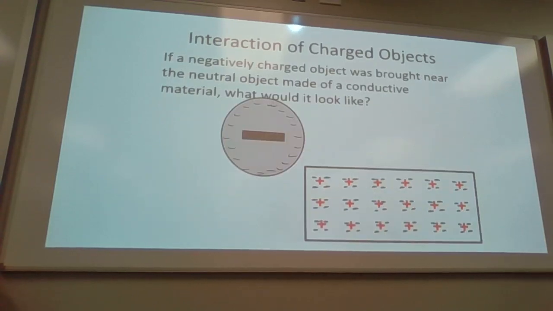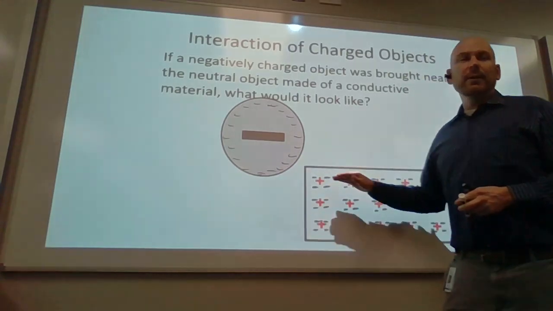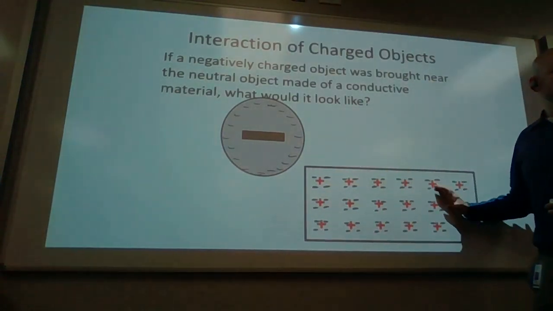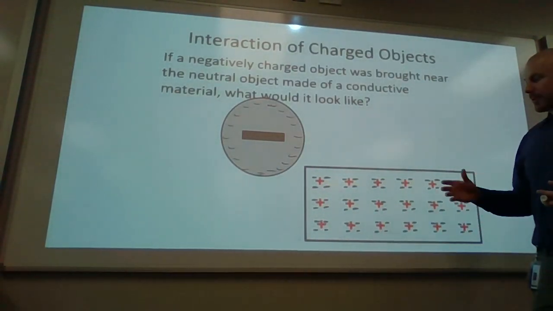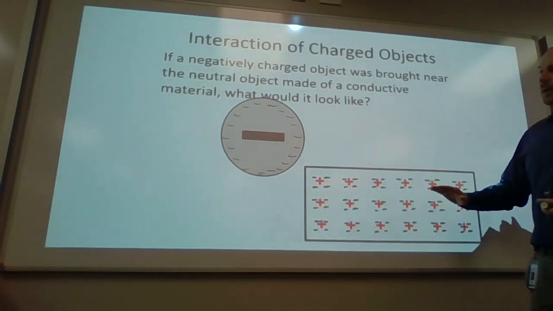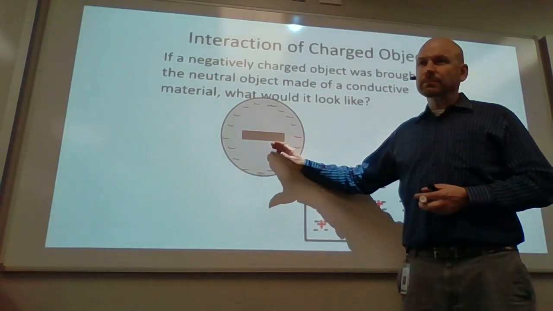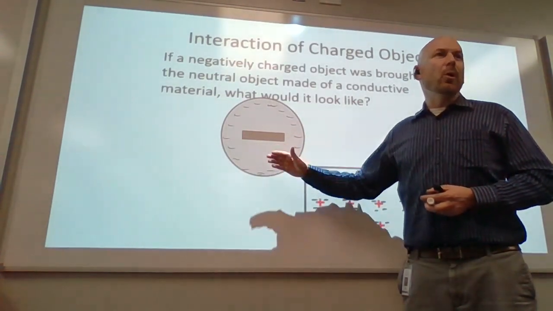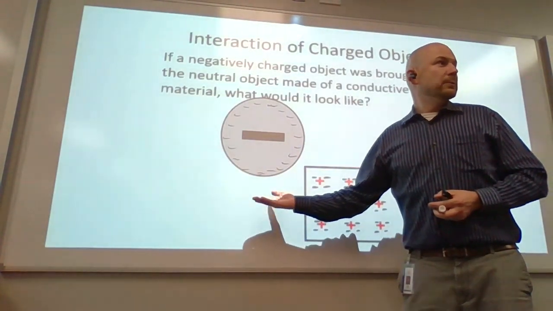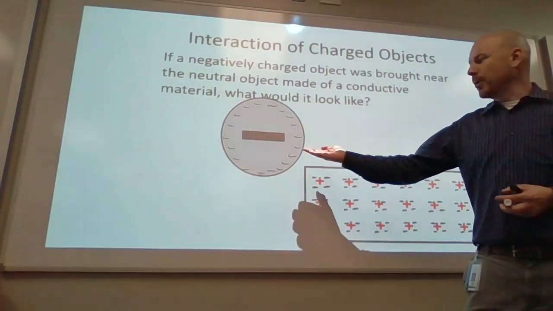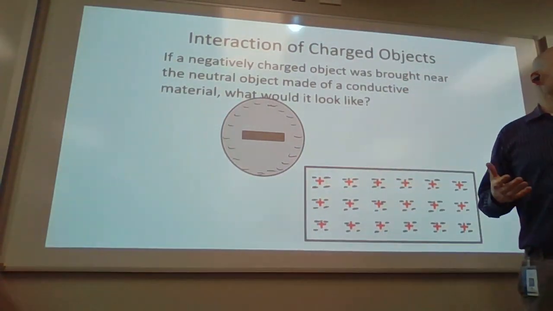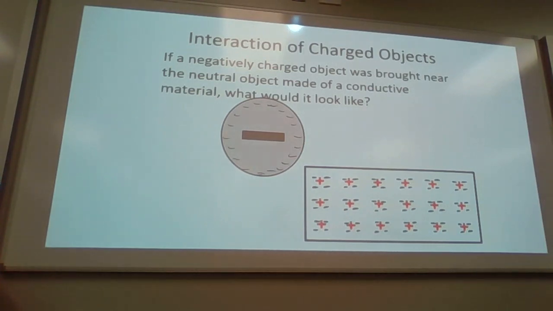Now, what we're going to do is bring a negatively charged object near our neutral slab of stuff, and we're going to say this is going to be a conductor. This is not an electron. This is like a negatively charged bowling ball. And we're going to bring our negatively charged bowling ball near a neutral slab of metal.